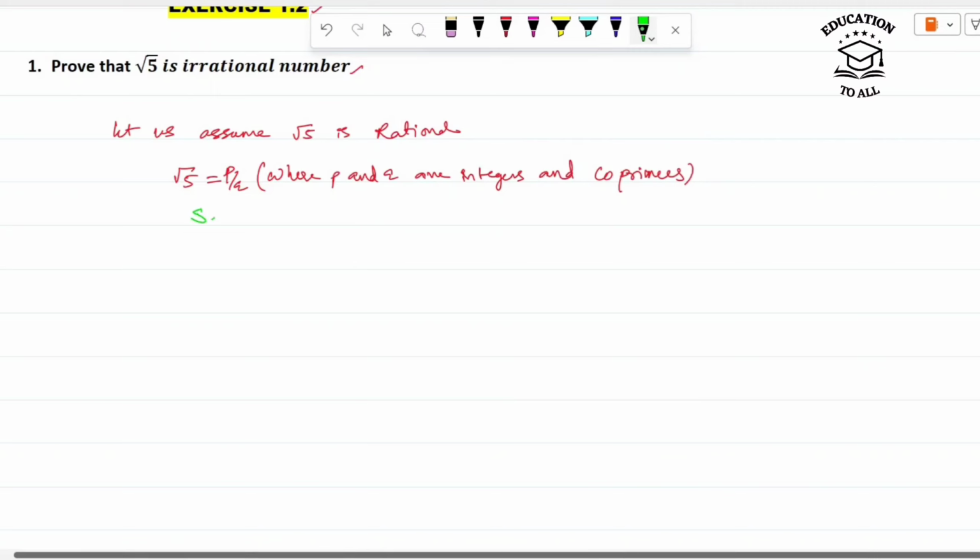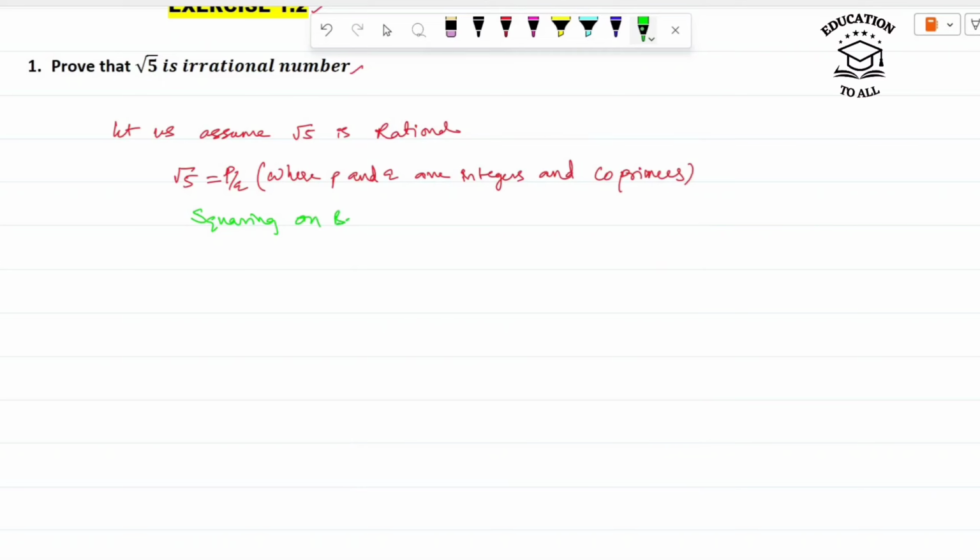By squaring on both sides, you get root 5 whole square is equal to p by q whole square. Then the square root and square cancel, and we get in LHS 5 is equal to RHS p square by q square.